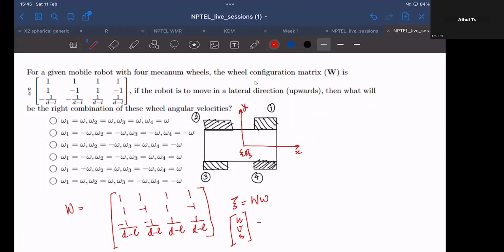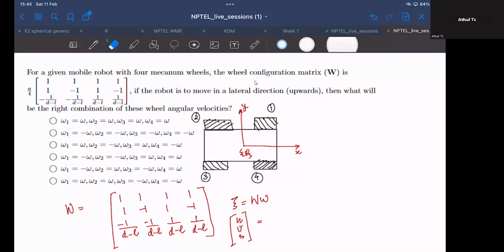And we are also given an omega matrix. We would need to find the right configuration of this omega so that the robot will move in the lateral direction. I hope you have no trouble in identifying what is lateral direction and what is longitudinal direction.